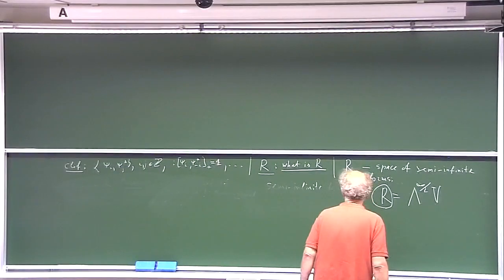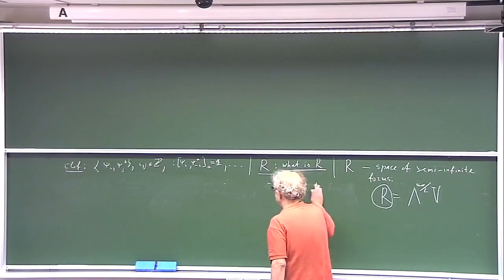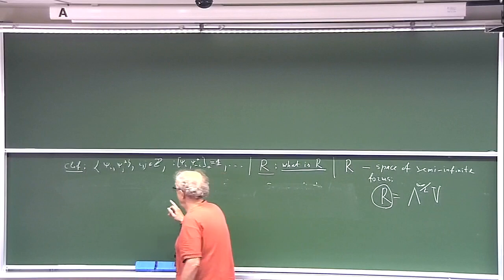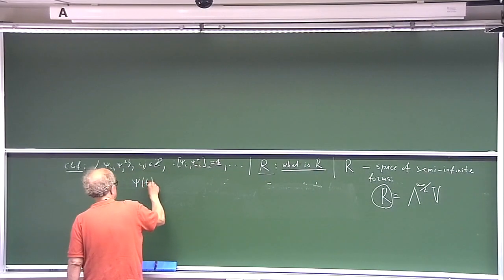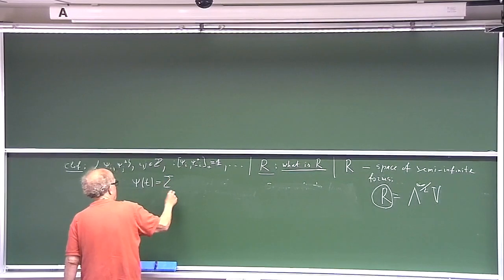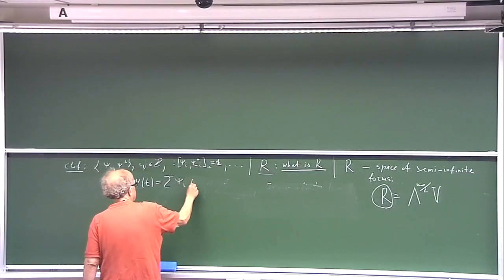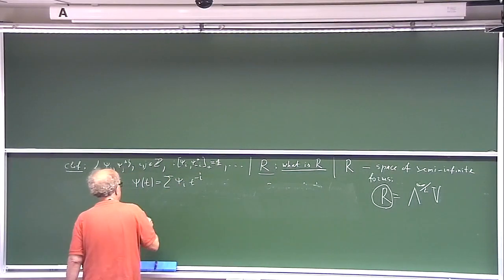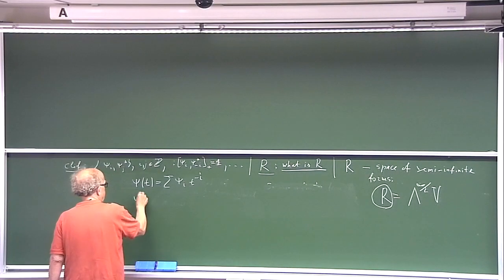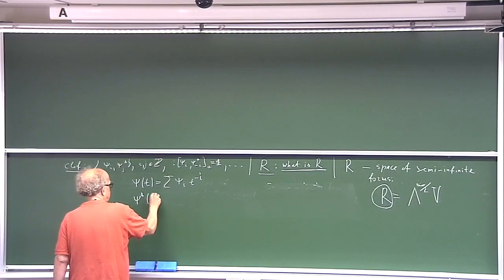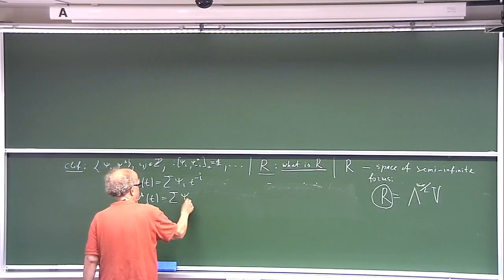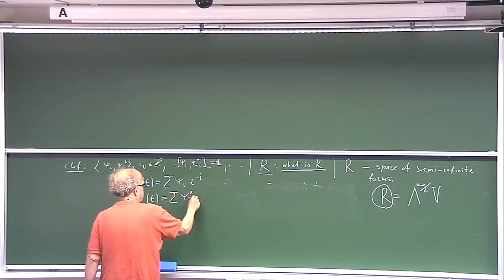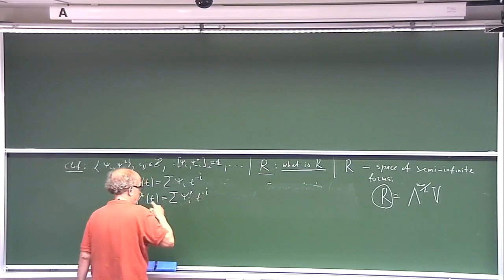Well, what was actually the statement here? I can write down psi(t), which is the sum of psi_i t^{-i}. Or I can write down psi star(t), which is the sum of psi star_i t^{-i}.